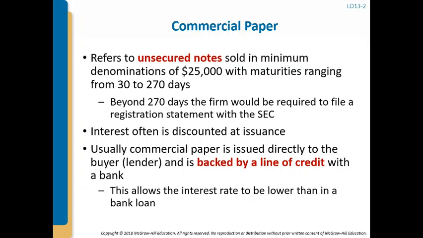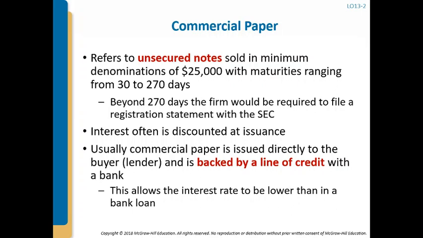Notice this, and we've seen this before, interest is often discounted at issuance. So even though they're sold in minimum denominations of 25,000, usually that's discounted.